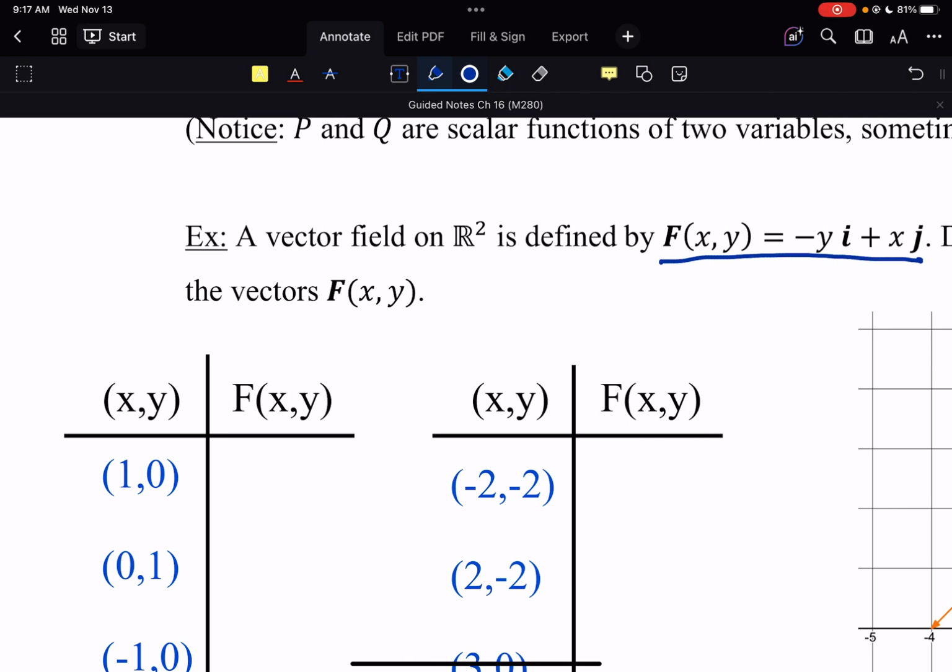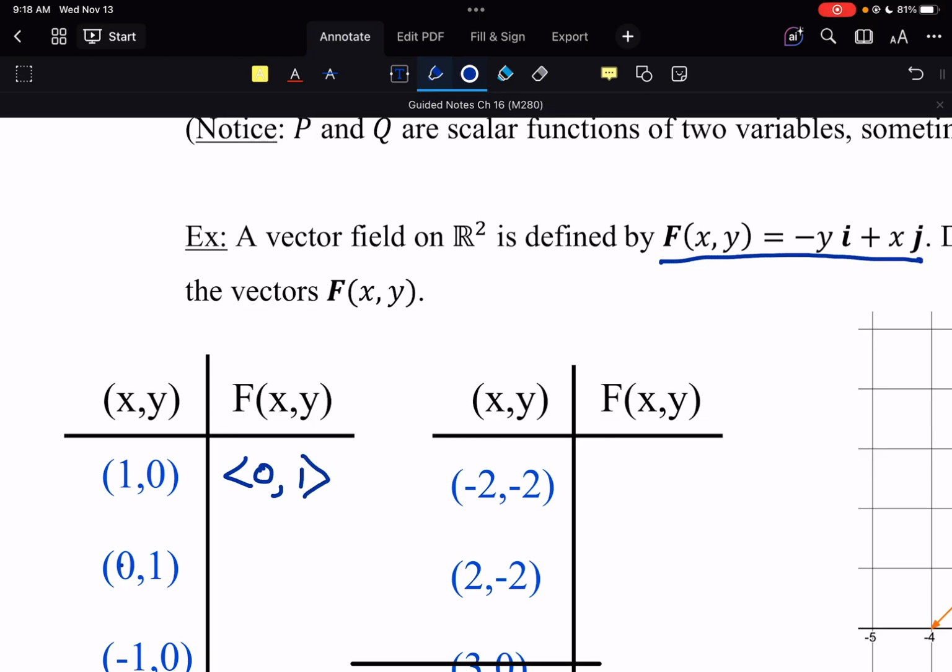We're going to pick a bunch of sample points to try out, and see what vector is produced when we plug in that point. I've got a bunch down here, and I'll scroll down in just a second. If we take the point (1, 0), for example, we plug that in, so x is 1, y is 0. So we get 0 i plus 1 j. So it's just going to be (0, 1) is that vector.